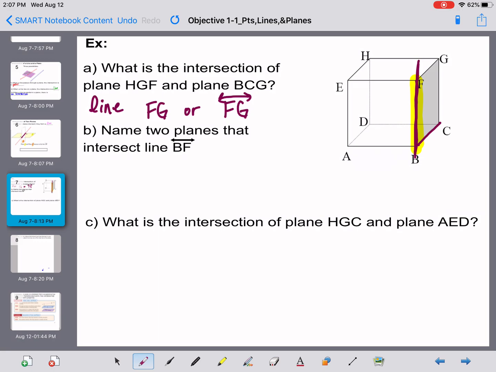So if I go this way and I go this way, I can see those two planes. Now we all might name these a little differently, and that's okay. So let's go with BFE and BFG.